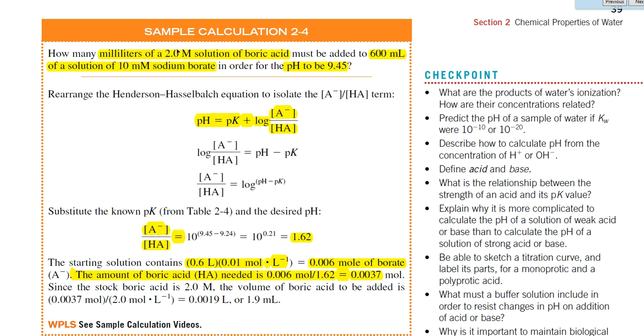The stock is 2 molar, so we divide this concentration of boric acid by the stock to find how much boric acid to add. I hope this is clear.